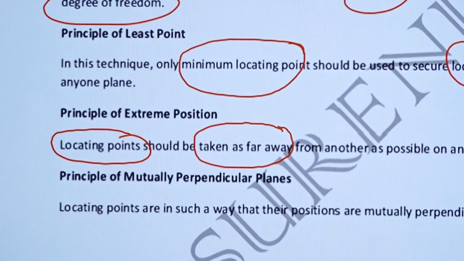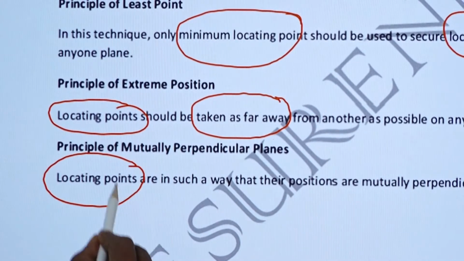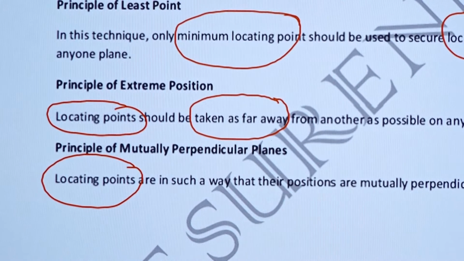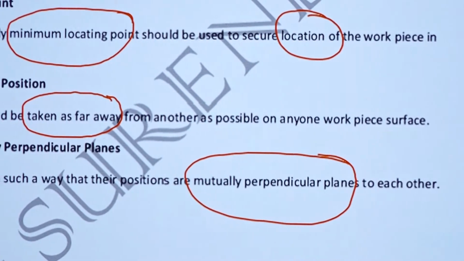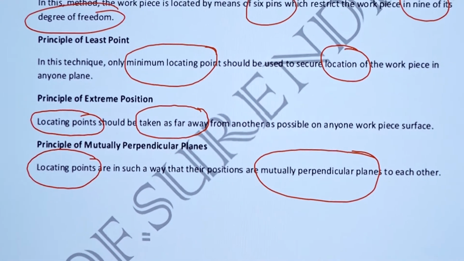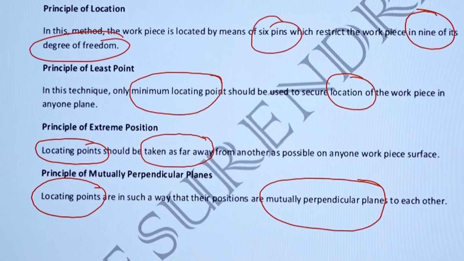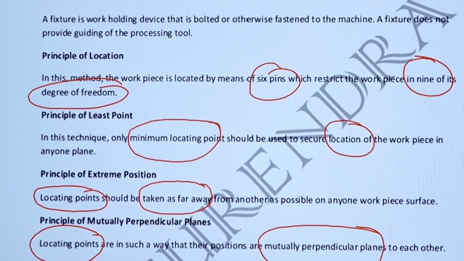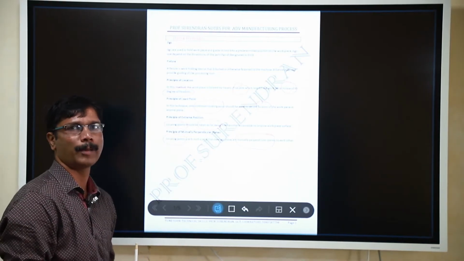Next, the principle of mutually perpendicular planes. Here the locating points are arranged in such a way that their positions are on mutually perpendicular planes. So here we have seen the difference between jigs and fixtures, the principle of location, the principle of least point, the principle of extreme position, and the principle of mutually perpendicular planes.